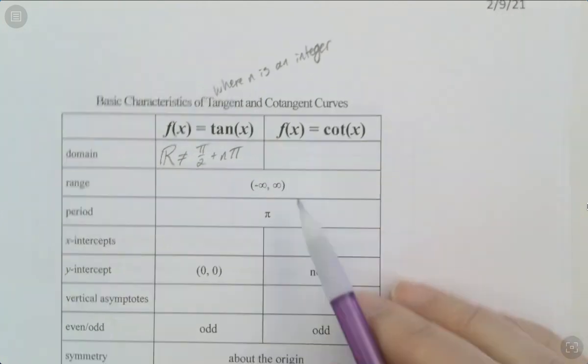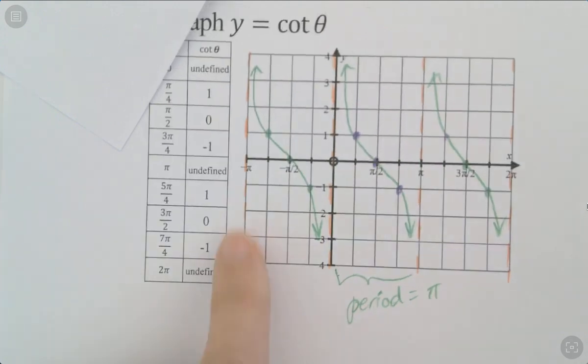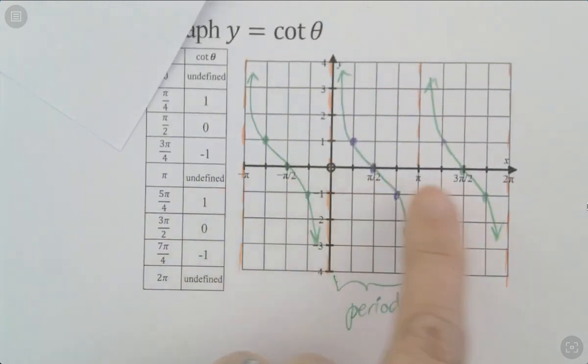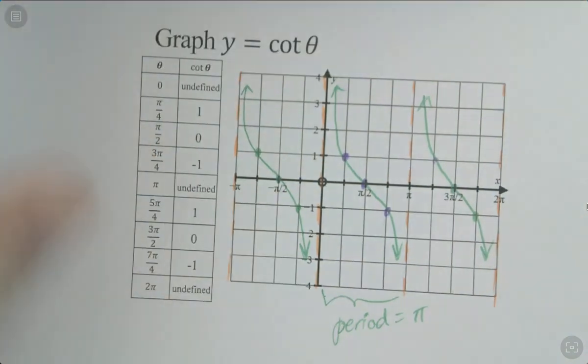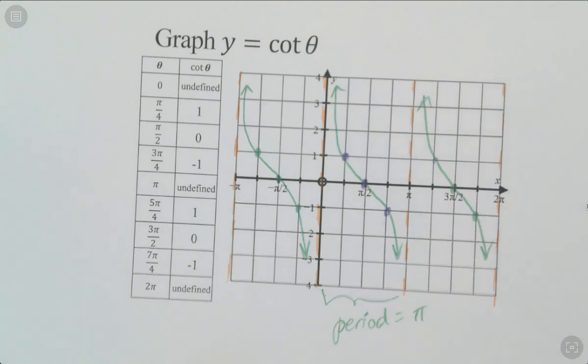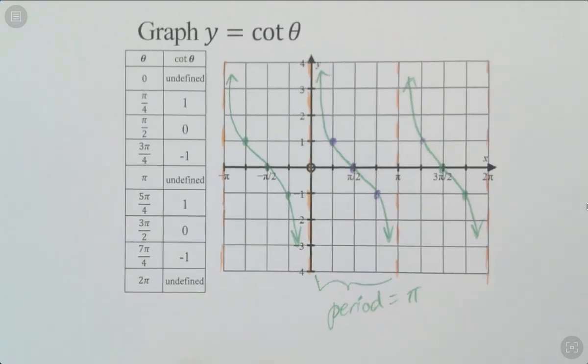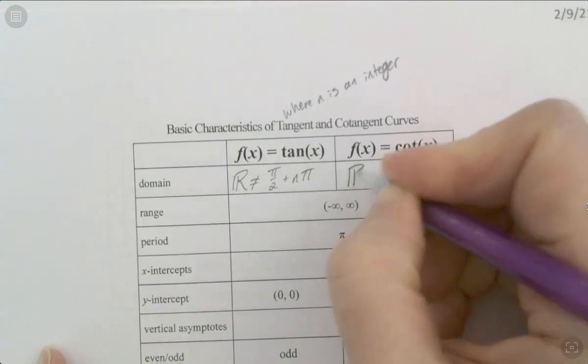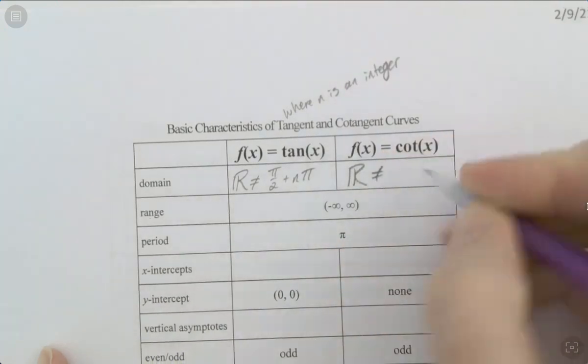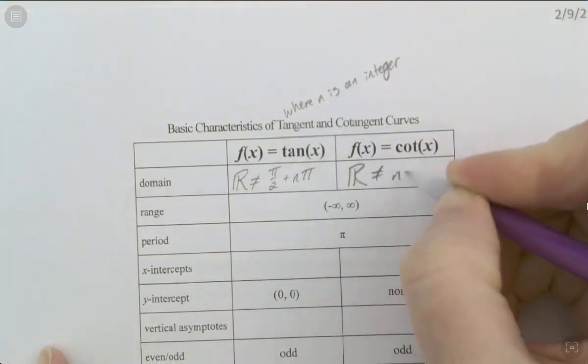Okay, so that's that. Let's talk about the cotangent one. For the cotangent one, we have asymptotes at negative pi, 0, pi, 2 pi. So what can we say for the domain for the cotangent function? 0 plus n pi. Yeah, we can just say n pi, right? All real numbers not equal to n pi.